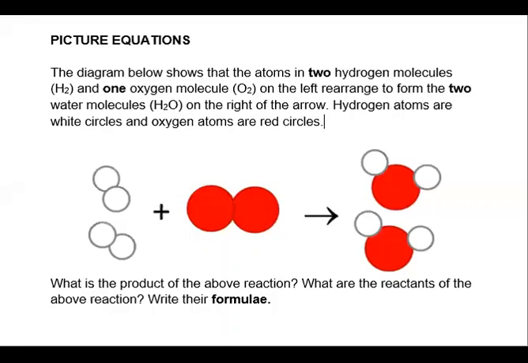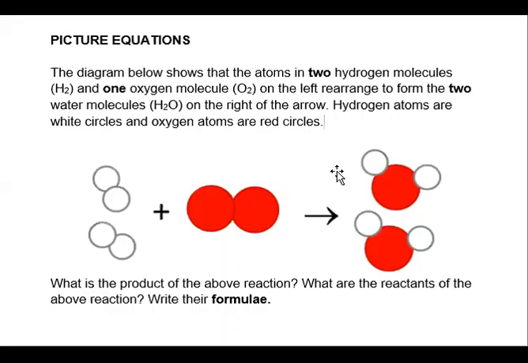What do we call those kinds of molecules where in nature, there are 2 atoms bonded together? Yes, Christopher, well done. Because hydrogen and oxygen are diatomic molecules, they exist as 2 atoms in nature. You will write the formula of hydrogen as H2, and oxygen as O2.